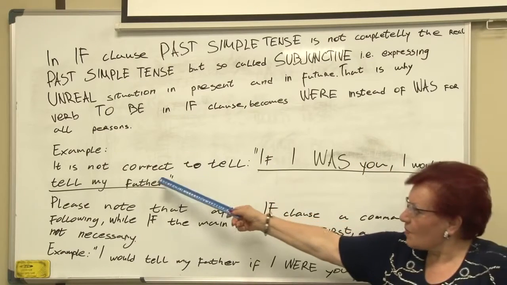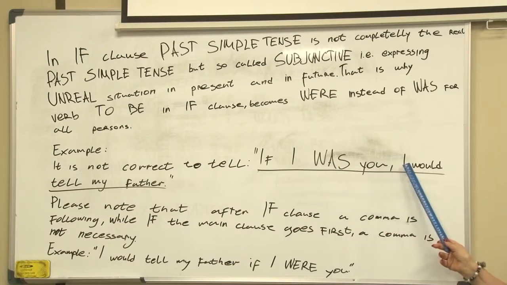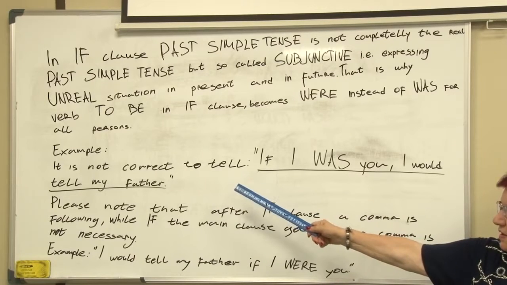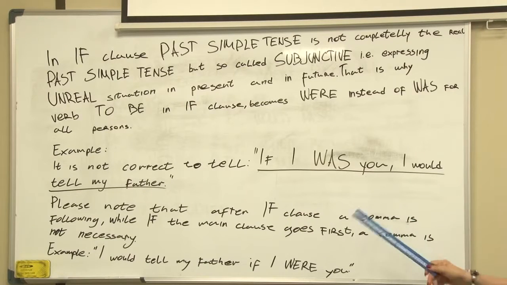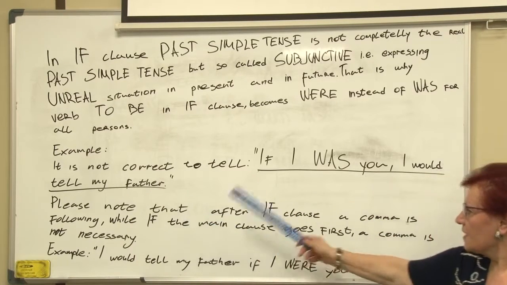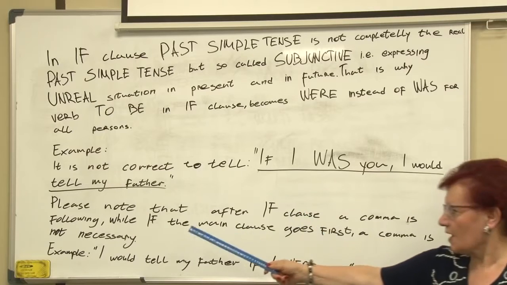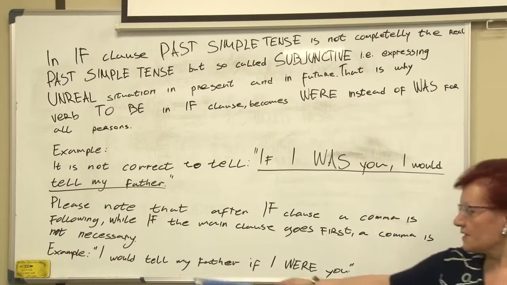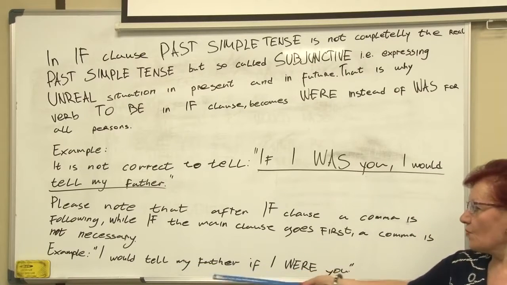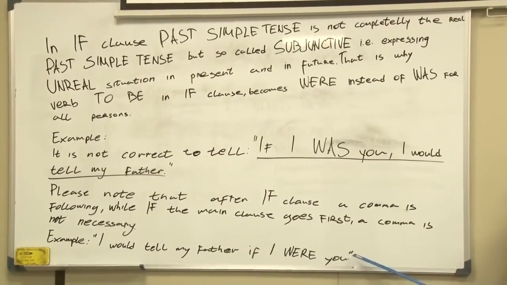So we have the example: it is not correct to say, if I was you, I would tell my father. Please note another thing: when the if clause goes first, a comma follows, while when the main clause goes first, there is no comma. Example: I would tell my father if I were you.